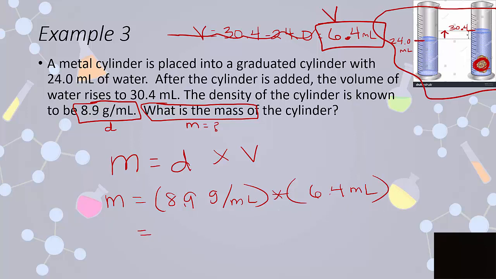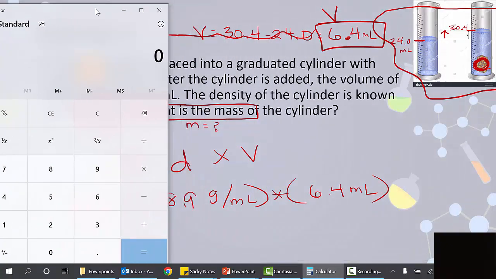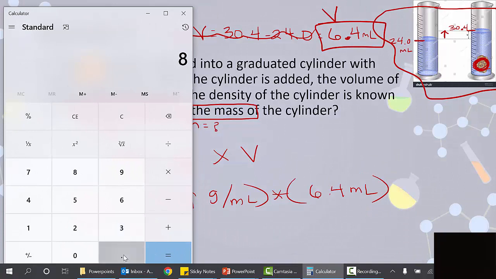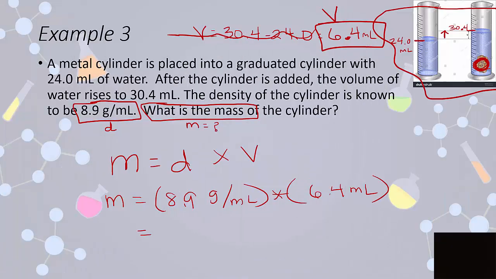Okay, let's get our little calculator going. We've got 8.9 times 6.4. All right, 56.96. I'm going to remember that, 56.96, and write that down. Okay.